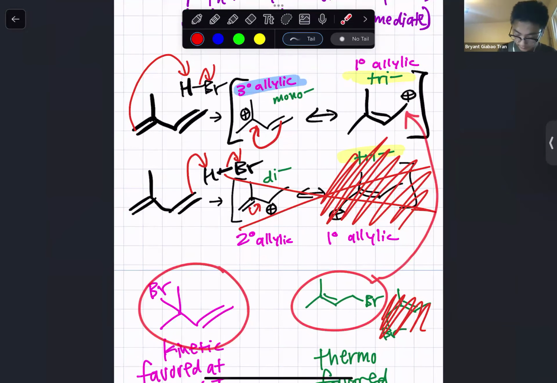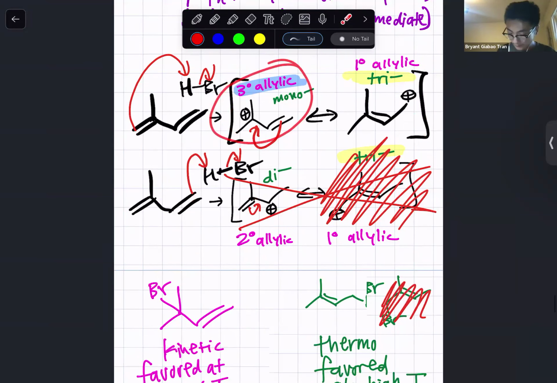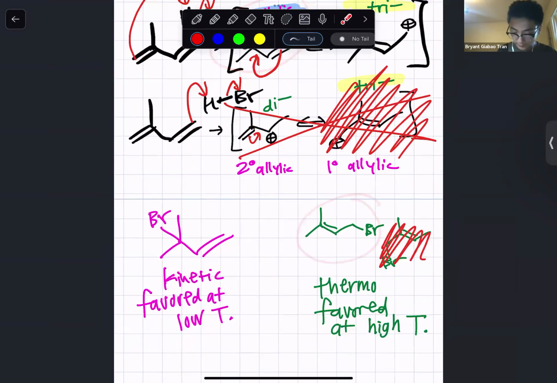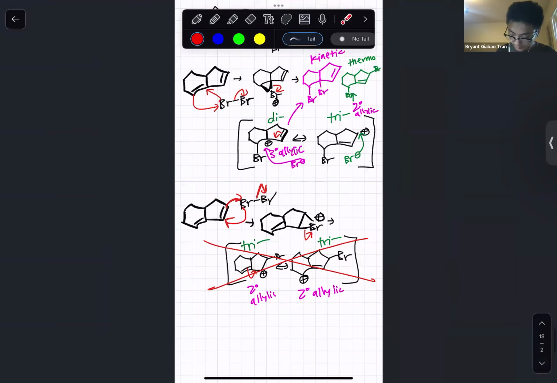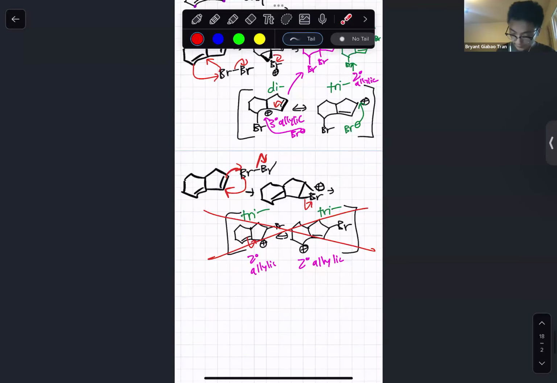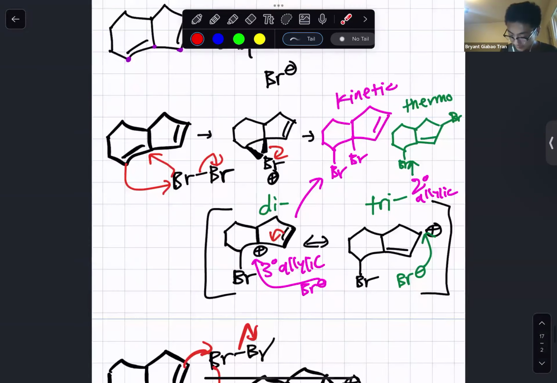The kinetic product here comes from the most stable intermediate right there. So we just ignore the other set by determining the set that is more stable. That gives us the more stable carbocation first. So we only get one thermodynamic product here and one kinetic product here. Same as for this one right here, right? We ignore this set because this set has the less stable intermediates, right?